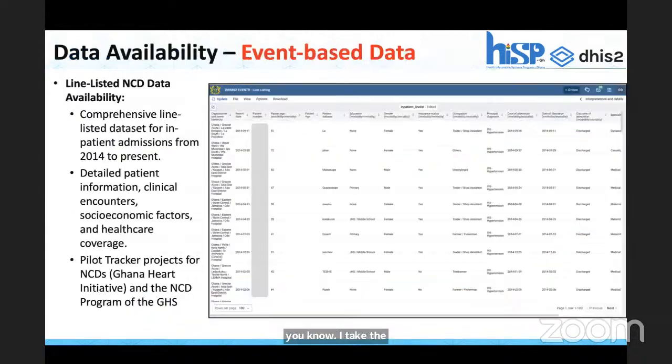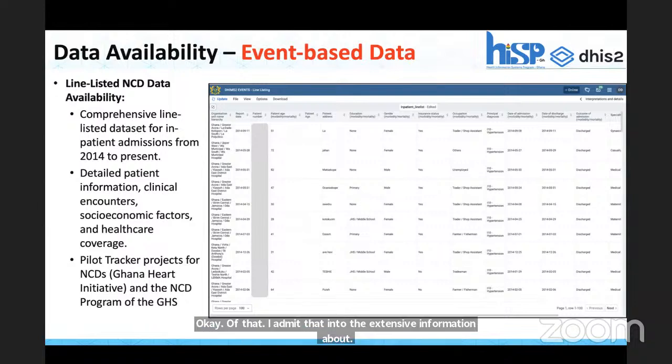With regards to event-based data, what we found out was that the country also has what is called an event instance that deals with inpatient morbidity line listing, which captures key demographic information and clinical tests of clients that are admitted, with extensive information about NCDs.